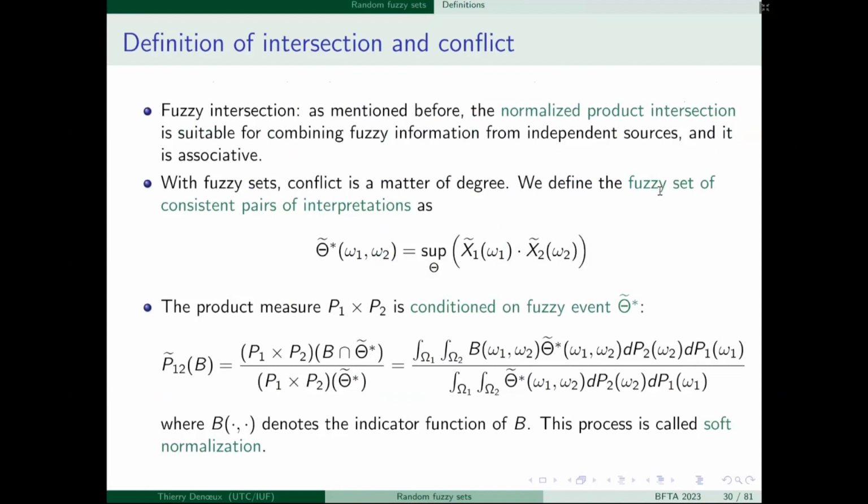He defined the notion of a probability of a fuzzy event, and we can define this conditioning operation where we condition by a fuzzy event like this. So the conditional probability of B given the fuzzy event theta star is P1 cross P2 of B intersection with that fuzzy set, divided by the probability of the fuzzy set. And the probability of the fuzzy set is simply the expectation of its membership function.